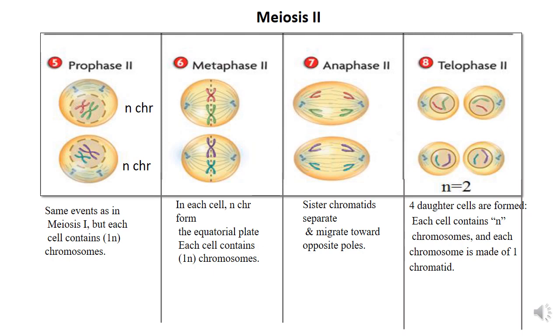In telophase II we have every chromosome of 1 chromatid. So telophase II is the end of meiosis II, and these 4 daughter cells are going later to differentiate into gametes: sperm cells in the case of men and ova in the case of women.